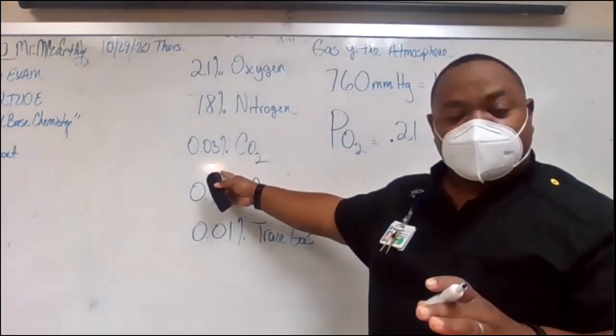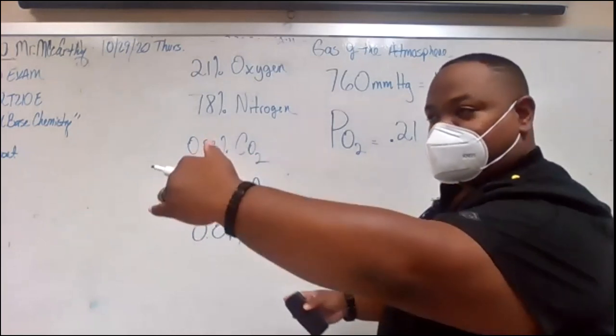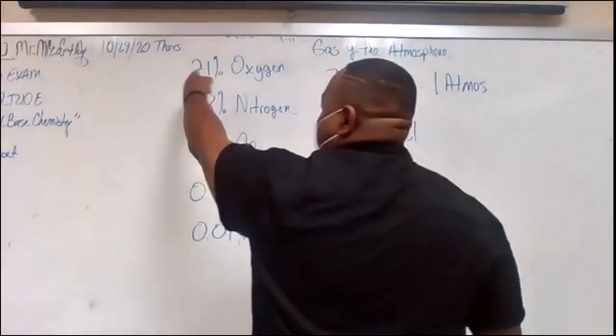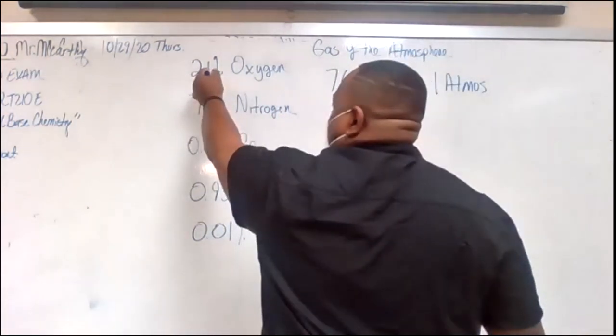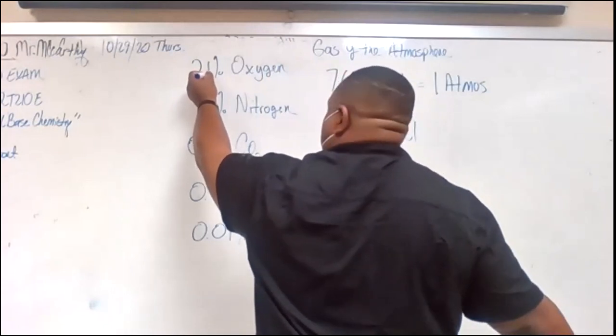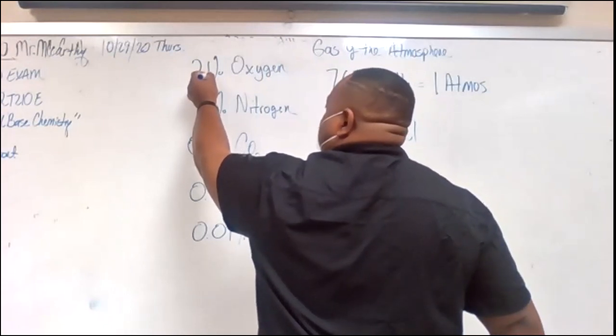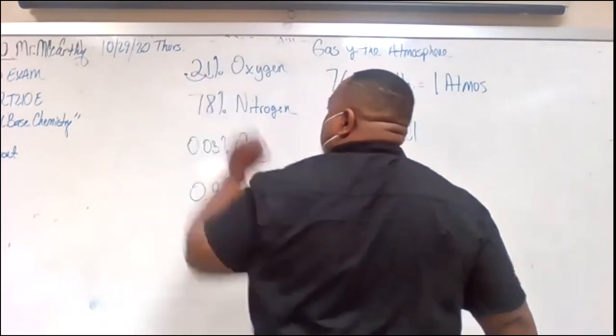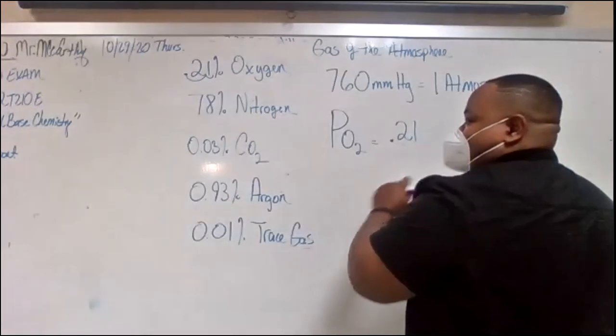So 21 is known to be 21, it's 21 point whatever, so the decimal is always after the whole number. When we change this to a decimal, we move it 1, 2. So that makes it 0.21.